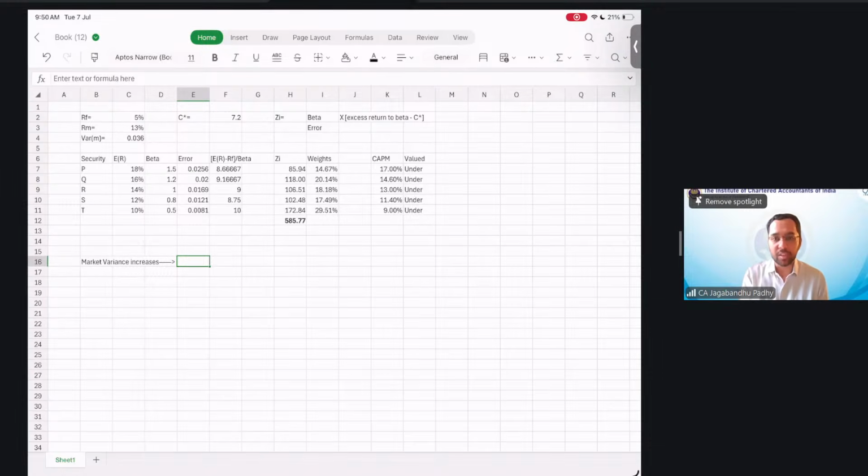What risk is going to change? If the market variance increases, does systematic risk increase or unsystematic risk increase? Yes, if the market variance increases, can I say systematic risk increases, right?